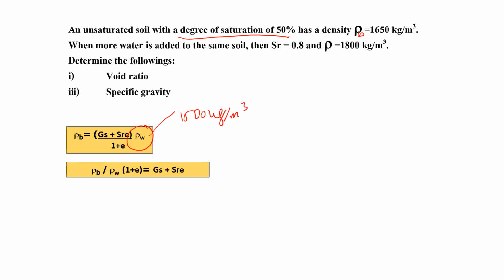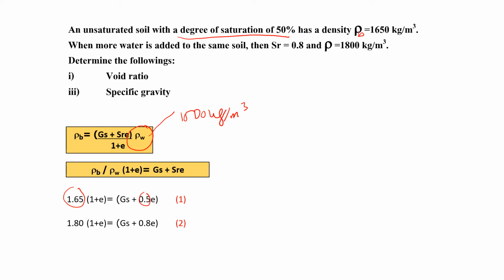So from this equation, we provide the equations for both conditions of soil. So this is the first equation for the first condition of soil, which has the bulk density equal to 1650, but it's already divided by 1000, so it's equal to 1.65, and the degree of saturation is equal to 0.5. So we denote it as the first equation.